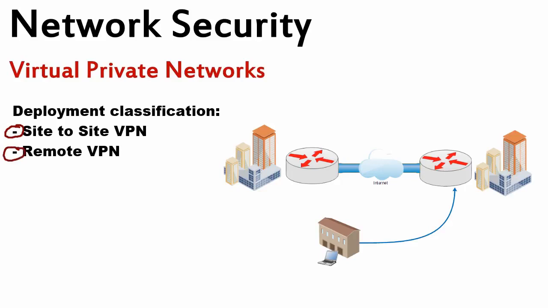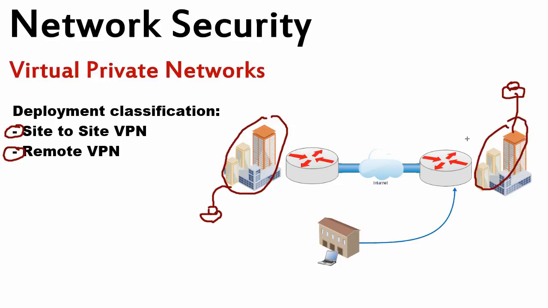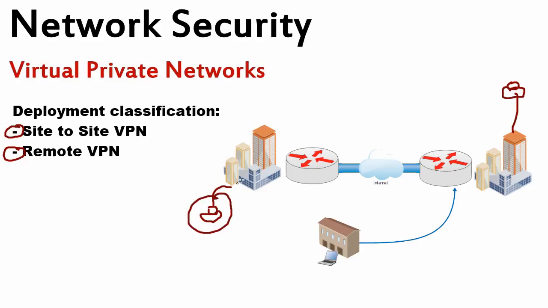The first one is site-to-site VPN. This one is over here, and that's what we saw in the previous picture as well. It means we have two sites, two networks, two locations. We want to send a message from this network, from this site, to the other side in a secure way.